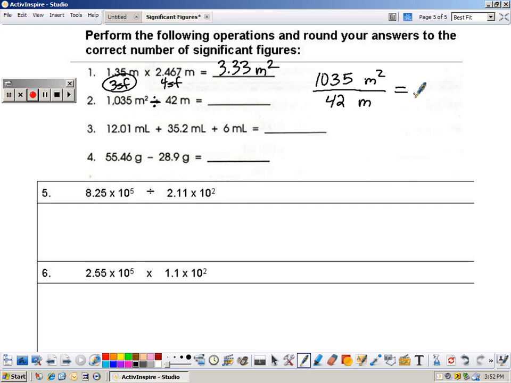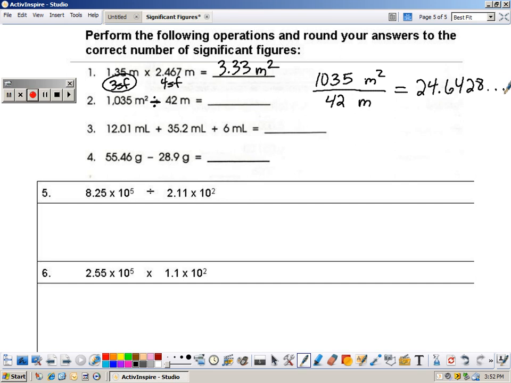Okay, when we perform the operation, 1,035 divided by 42, we get 24.6428, and then there's more numbers.